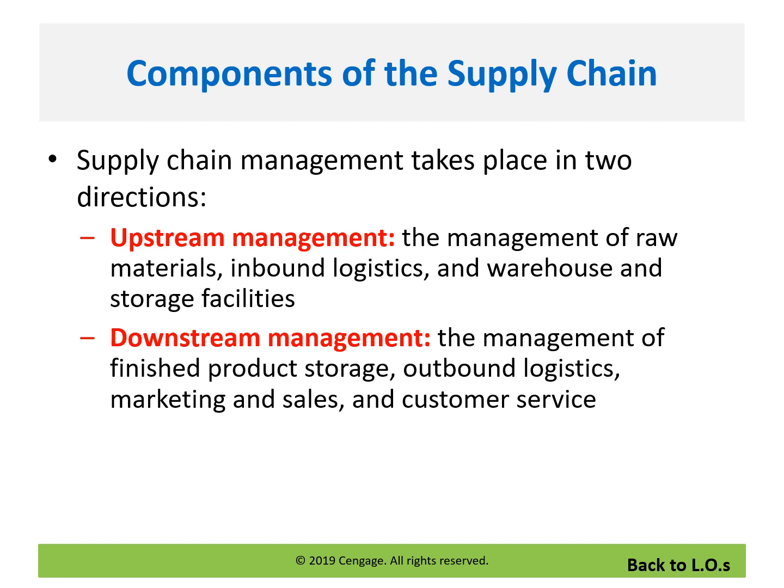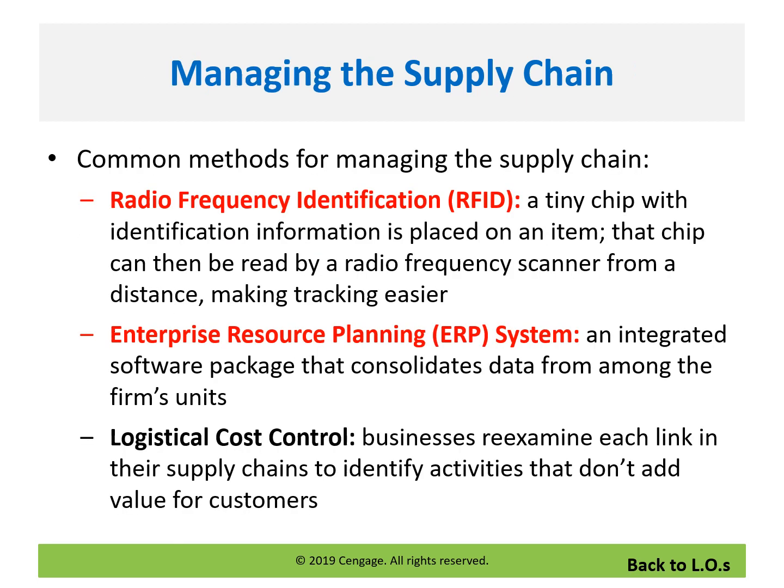First is the upstream management, which includes management of raw materials, inbound logistics, and warehouse and storage facilities, and then production of goods. Downstream management involves the management of finished product storage, outbound logistics, marketing and sales, and customer service.